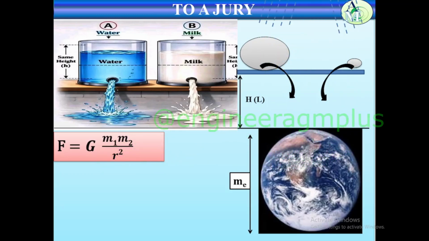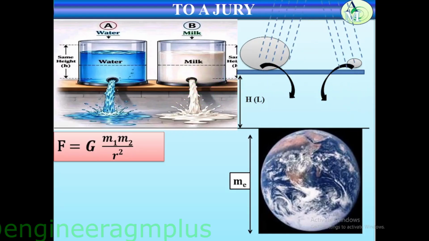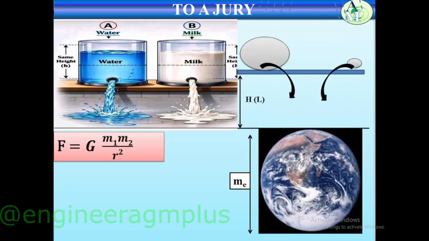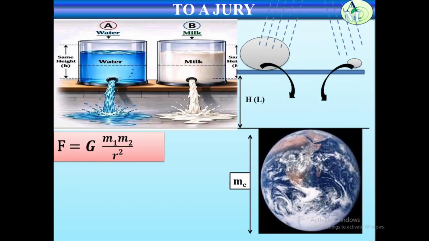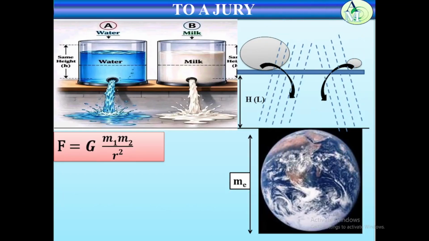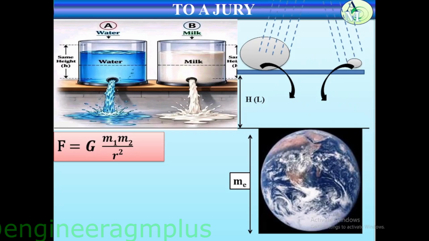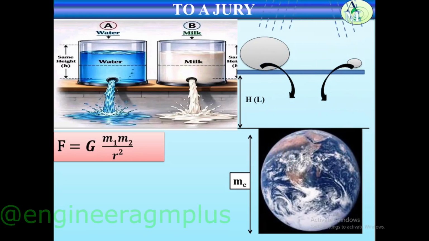Now, let's consider this. The earth itself has the biggest weight compared to these masses, that is the two stones. So when it drags them at a particular acceleration, which is what? Between 9.0 meters per second squared and 10.0 meters per second squared. From this equation, F is equal to G m1 m2 over r squared, where m1 is the mass of the earth, m2 is the mass of the object and r is the distance between them.